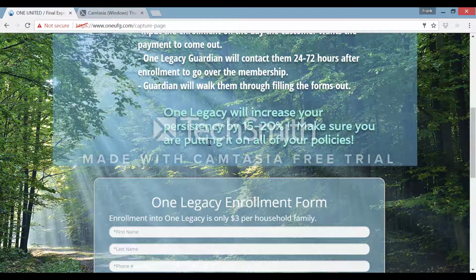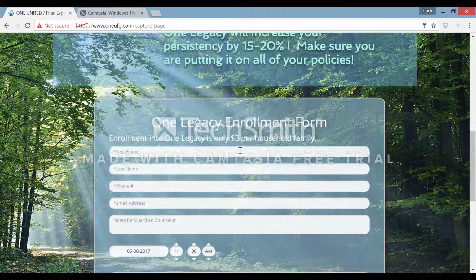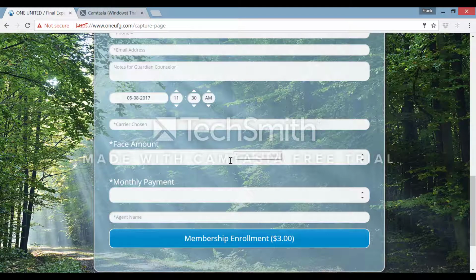Their payment for their policy would be the $55, their payment for One Legacy would be $3, and you would enroll them right here.